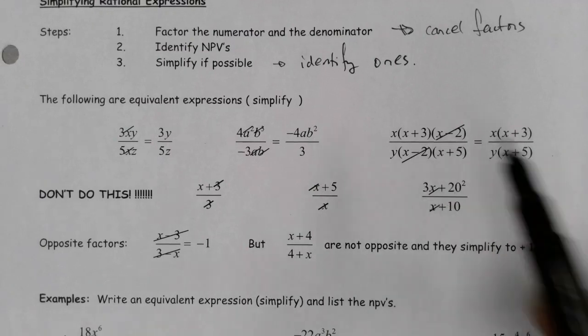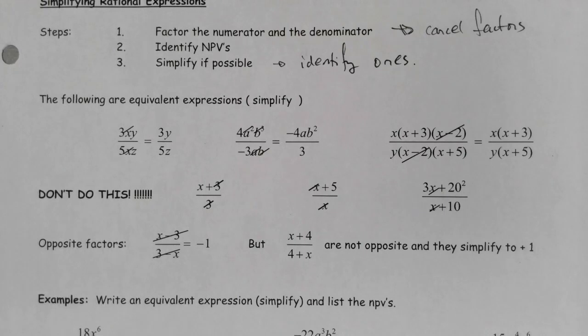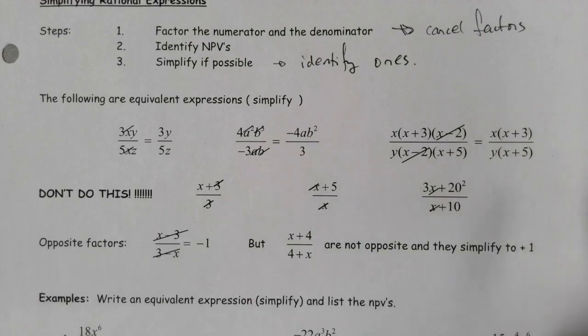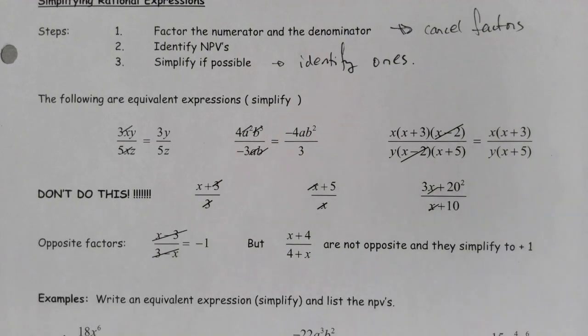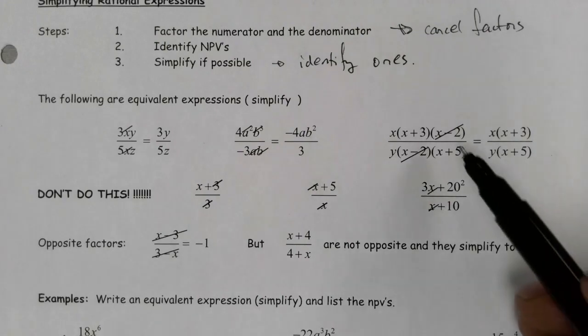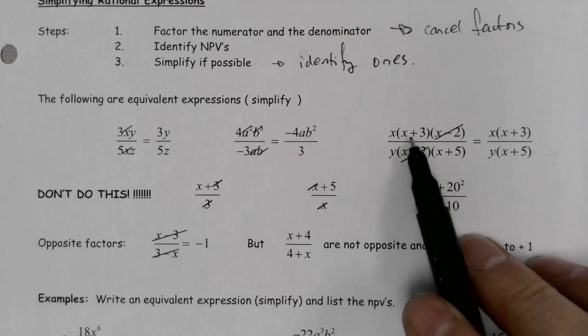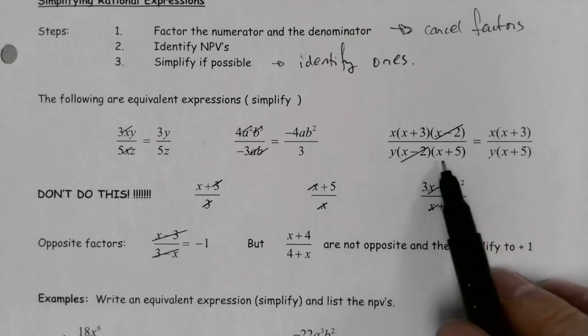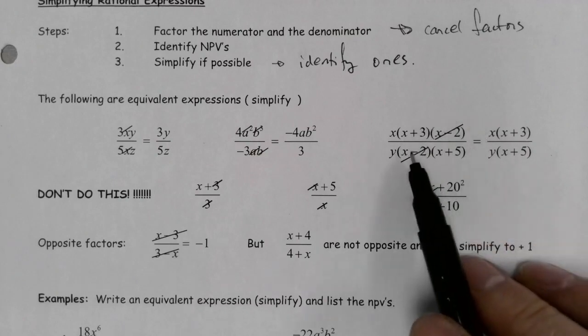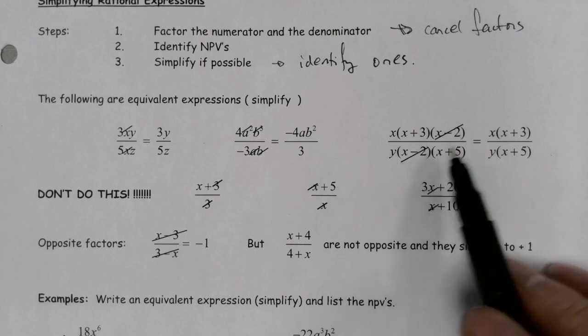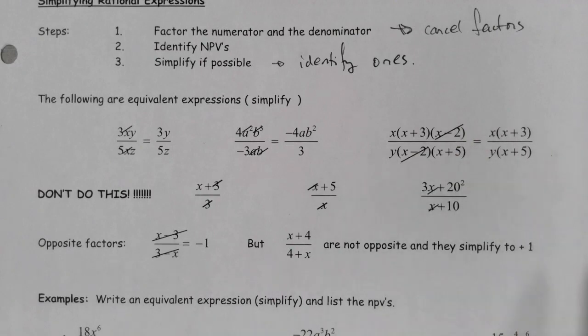So even though I don't know what value x is, I know that x minus 2 and x minus 2 are going to be the same thing, and so they're going to cancel or become 1 as long as we identify what the non-permissible value is. Those are going to disappear, and we're going to be left with x multiplied by x plus 3 over y multiplied by x plus 5, all multiplied by 1. But that multiplication by 1 isn't necessary. I don't need to write that in there.